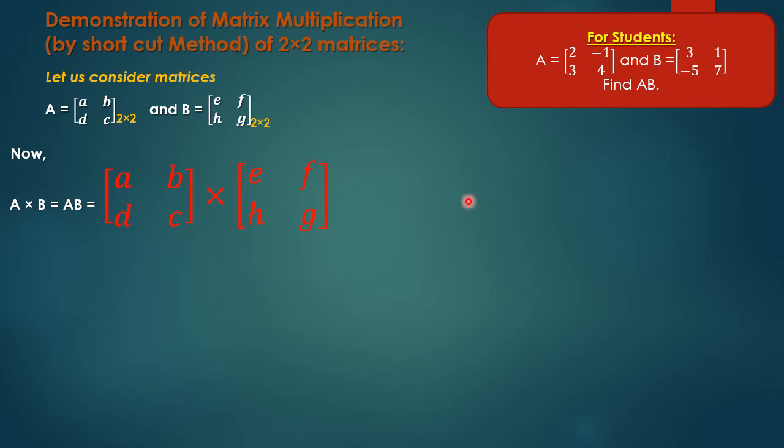You can follow the steps shown on your video, but instead of applying these letters, apply the matrix which has numbers as components. It will be easier for you, and at the end of this slide, you will get the answer. So let's start.